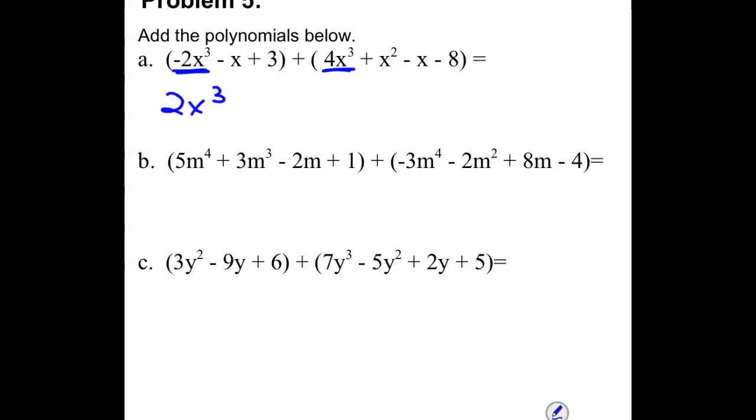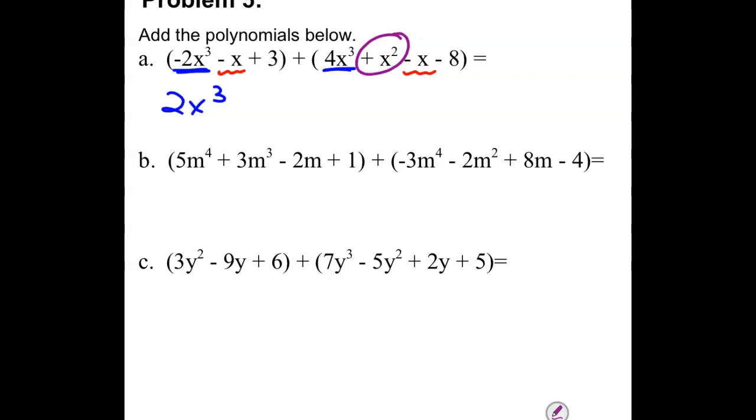Okay? Looking at our x's, we have some here, but where are they in the next one? They're over here. What's missing in this first one? There's no x squareds in the first polynomial, right? So if I were putting them in standard form, the x squared should come next. So let's go ahead and move these. We're going to take these x squareds.